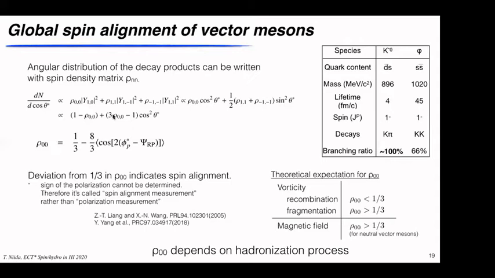But if there is some polarization or alignment, there should be a deviation from 1/3. So the deviation from 1/3 in rho 0,0 indicates a spin alignment. That deviation may depend on the hadronization process of the quark or the source of the spin alignment. I guess in the next talk, they will discuss this in detail.